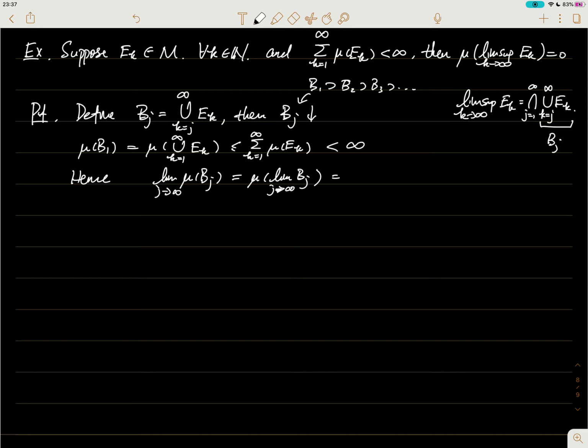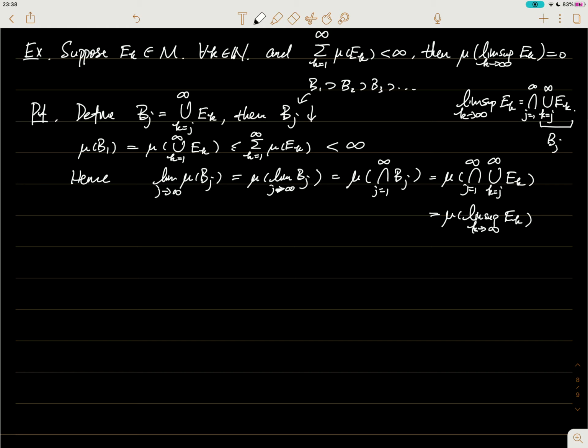Right? And remember that the B_j are decreasing. The limit will be just the intersection of those B_j's. Okay? And then we replace the B_j. That's actually just the intersection over j from 1 to infinity of the union over k from j to infinity of E_k, and this is just the upper limit of E_k.